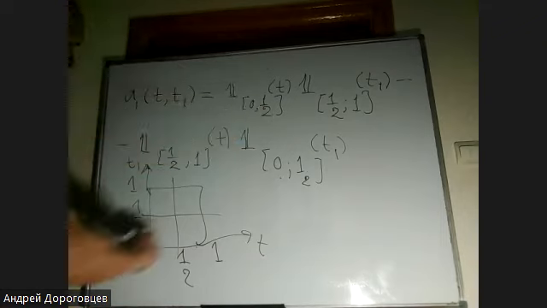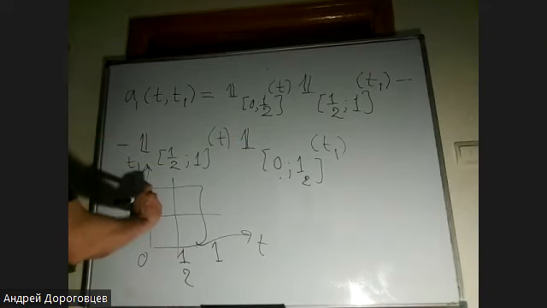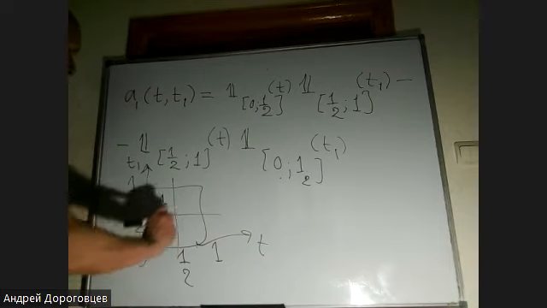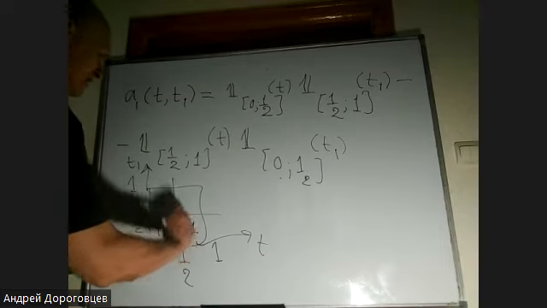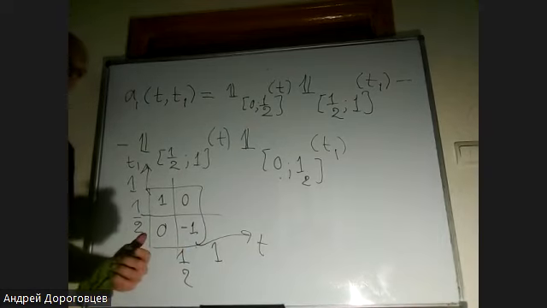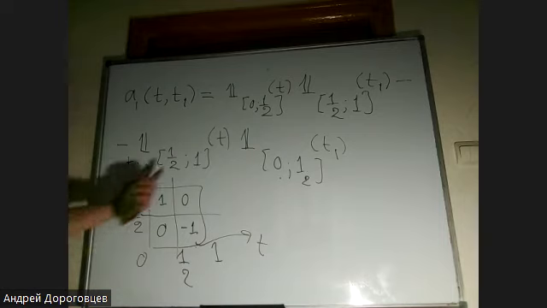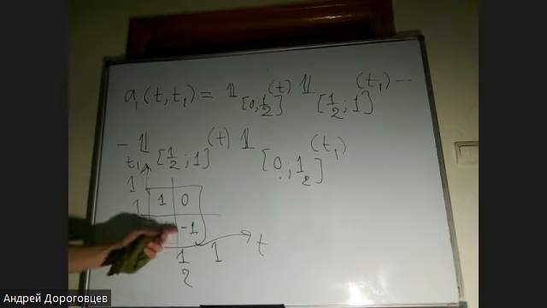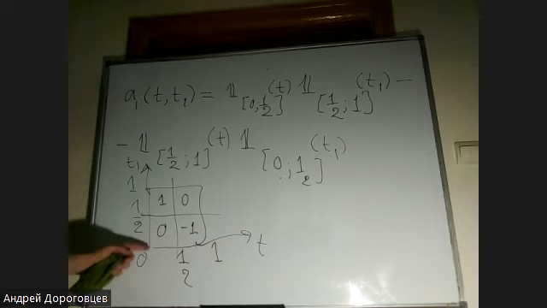Firstly, here we have 1, here we have 0, and here we have -1, and here we have 0. Yes, this is a step function of a square, which is equal to 1 and -1 on the small squares and 0 on the diagonal squares.